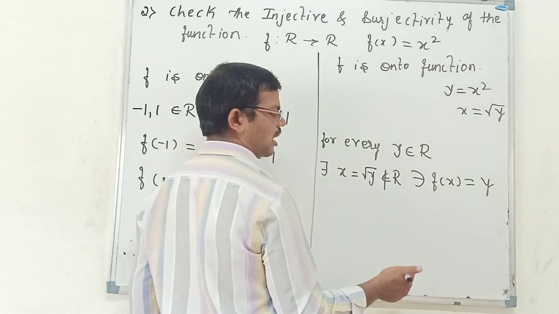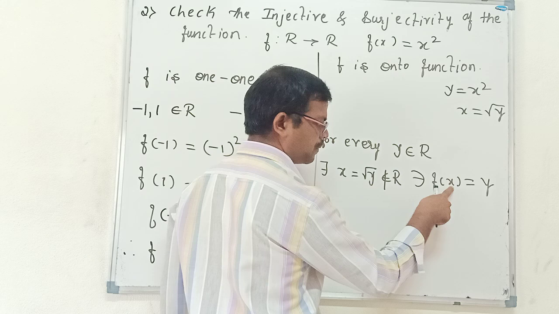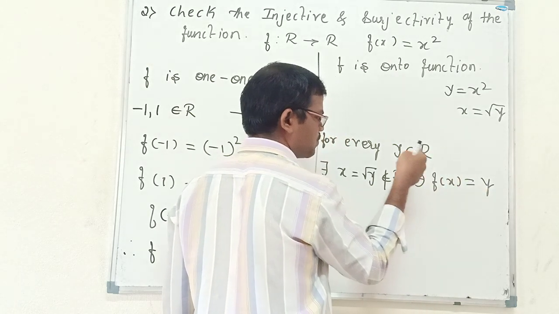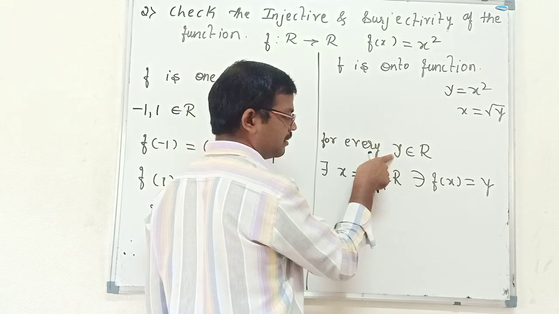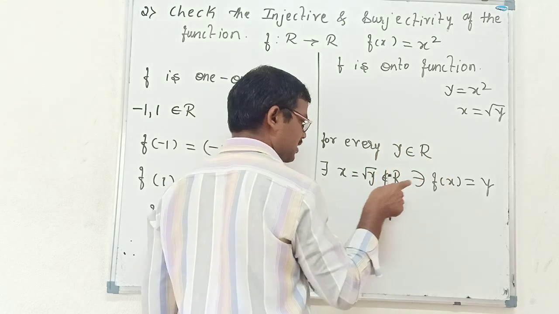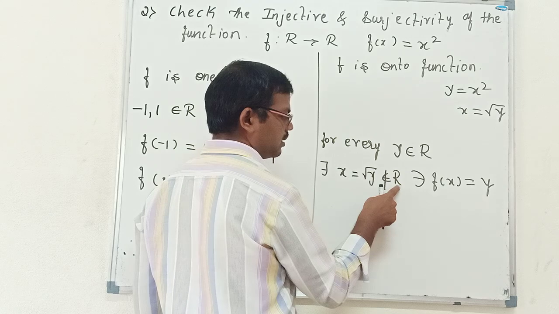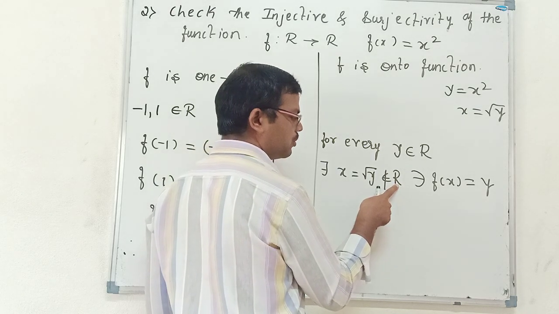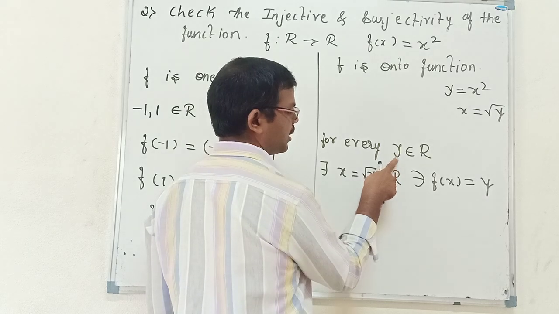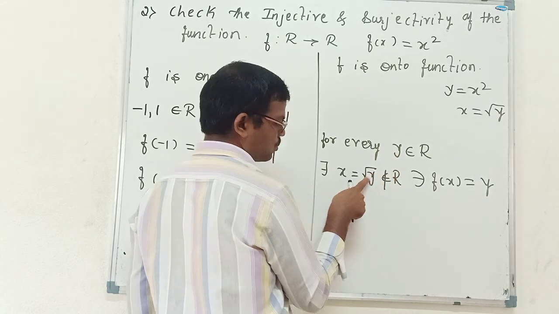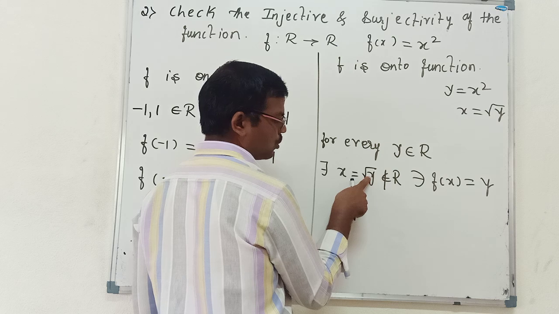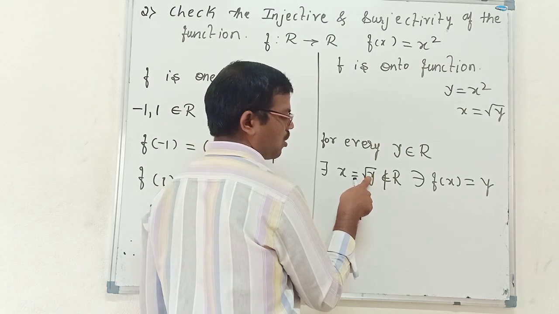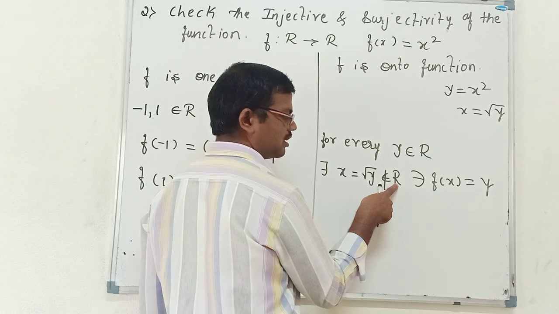So here we have a pre-image for an element y which belongs to the codomain, but that pre-image is not there in the domain. Why is it not there in the domain? For example, if you take minus 2, root of minus 2 is a complex number. A complex number is not there in the real numbers.